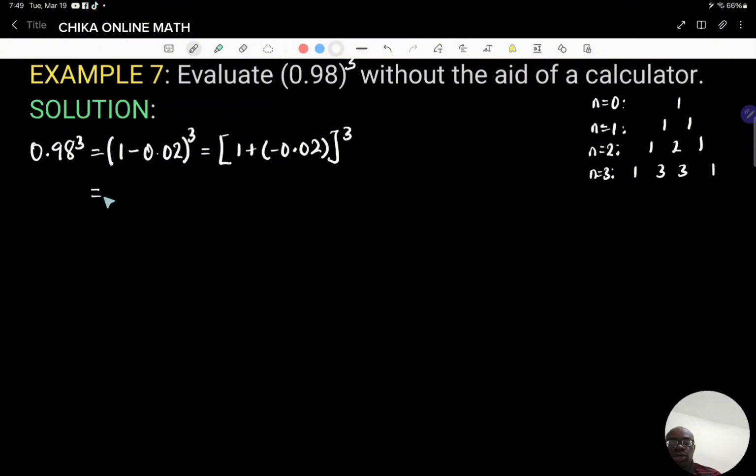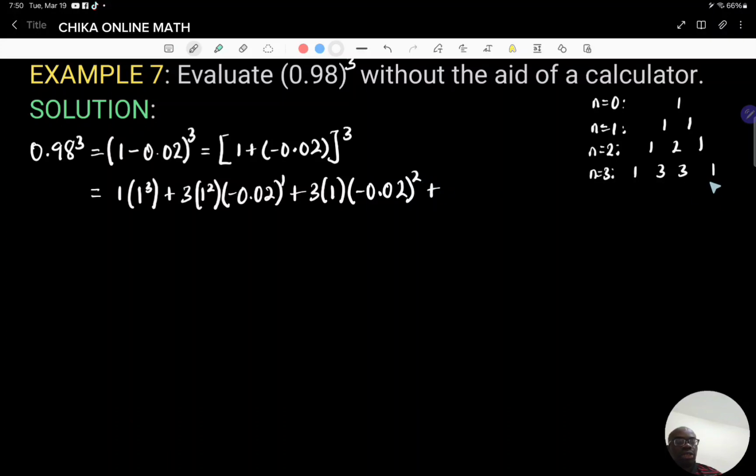The first term is 1 raised to power 3, times minus 0.02 raised to power 0, which is 1 so we omit it, plus the next coefficient 3, then the power of 1 decreases by 1 while the power of minus 0.02 increases by 1, plus the next coefficient 3, then 1 to the power 1 and minus 0.02 raised to power 2, plus the last coefficient 1, with 1 raised to power 0 omitted, then minus 0.02 raised to power 3.